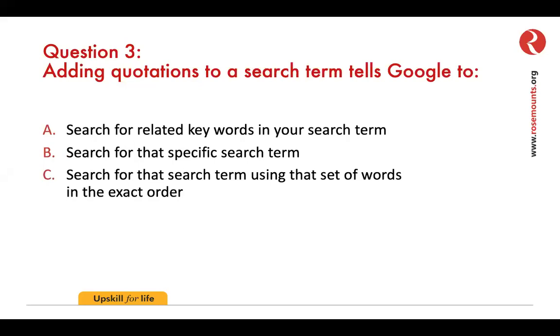A, B, or C? Yes, the answer is C. So you're basically searching in that exact order, and that exact search term. This is what the quotations do.